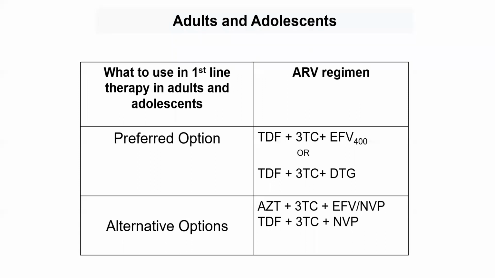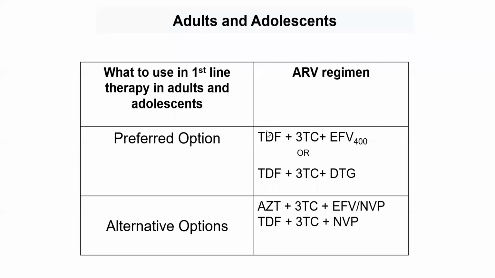Currently in Zimbabwe, these are our first line therapy in adults and adolescents. For example, TDF is tenofovir, 3TC is lamivudine, EFV is efavirenz.